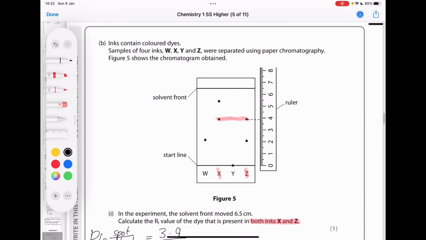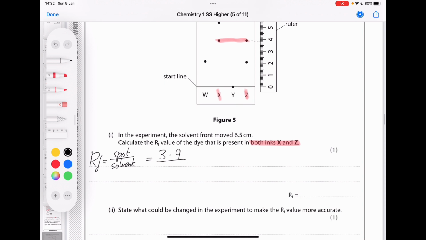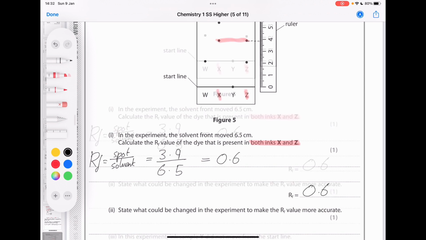The solvent came across at approximately 6.5. Doing this should give me an answer of 0.6, and therefore my answer is 0.6.